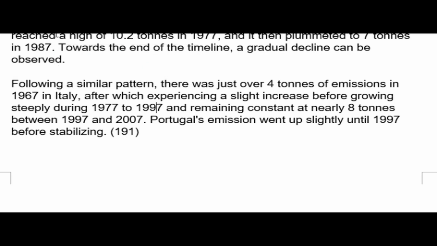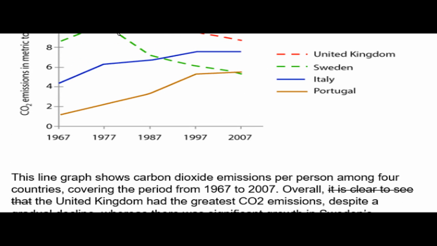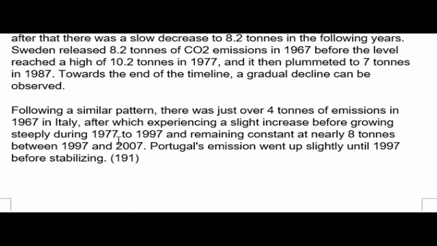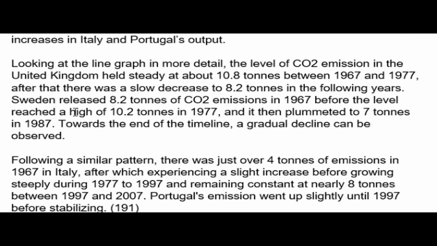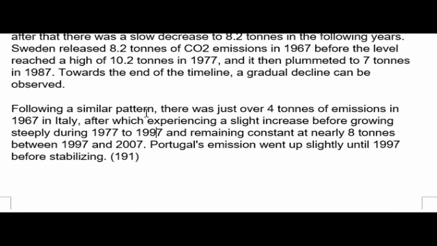Because Sweden and the UK, down. Similar trend. Italy's going up. What is similar there? I don't know. There was just over 4 tons of emissions in 1967 in Italy. There was only over 4 tons.